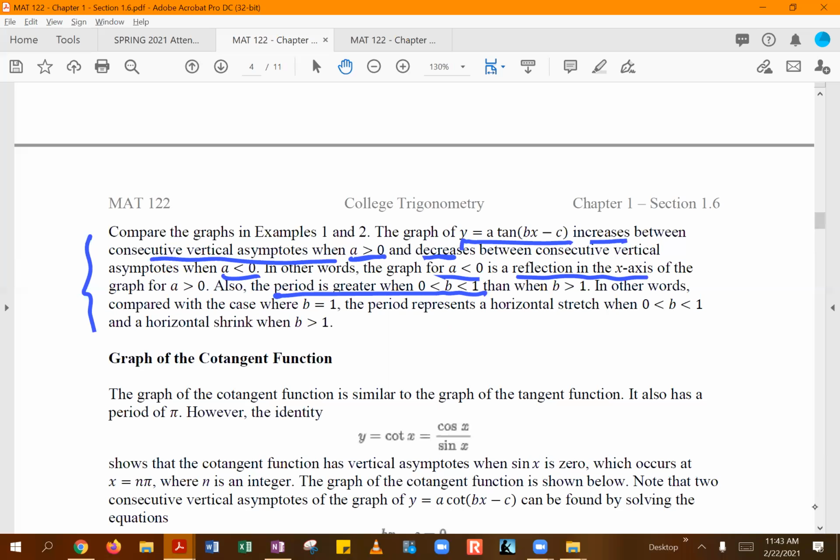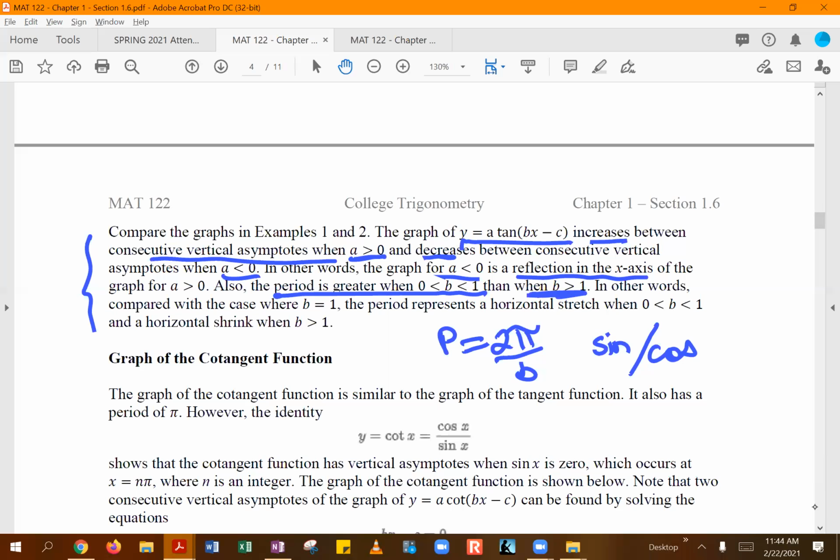So we know when we did graphs of sine and cosine functions, your period was defined as 2 pi over b. In that same way, the period for a tangent function can also change based on the b value. If your b value is between 0 and 1, you will have a greater period than the basic tangent function.